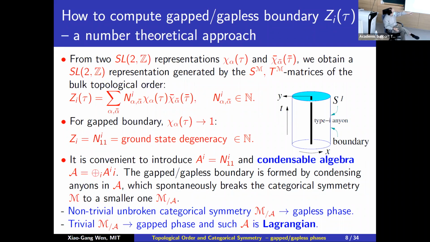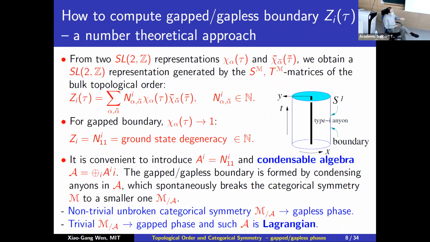So this is a more general way to see which condensation gives which. This composite condensable algebra really describes condensing anyons. So this A can be E, can be M, and then you get a different boundary. But this is a formal way to do that. And then you can see which anyons condensed from this expression of the partition function in terms of conformal field theory. It's just the 1,1 component of this expansion. Okay, so that's one point.